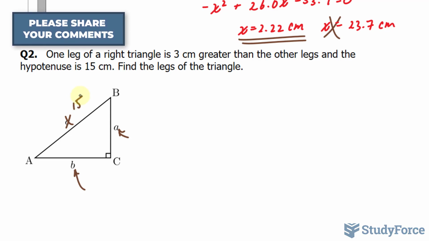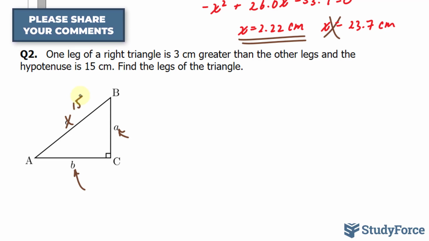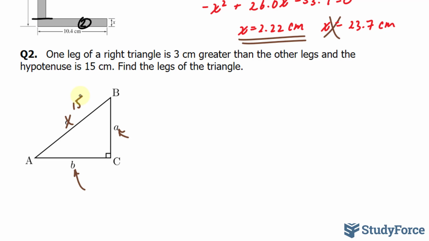The theorem that binds all of these three sides together is the Pythagorean theorem. So we'll use the Pythagorean theorem to find our answer. The Pythagorean theorem is a squared plus b squared is equal to c squared, and at this point we can replace c with 15, and 15 to the power of 2 is 225.